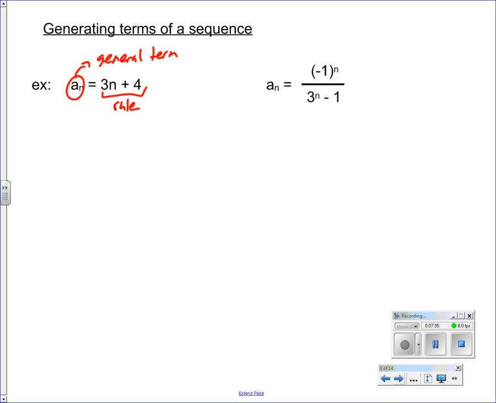We start our sequences at 1 with the first term. So for a1, we're plugging in n equals 1. So a1 would be, on the one on the left, 3 times 1 plus 4. That's 3 plus 4, 7.